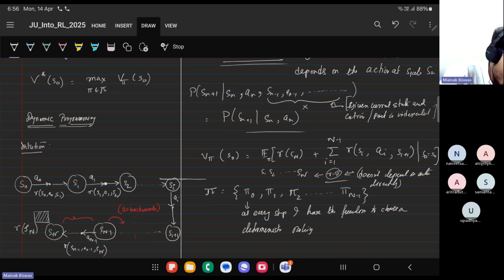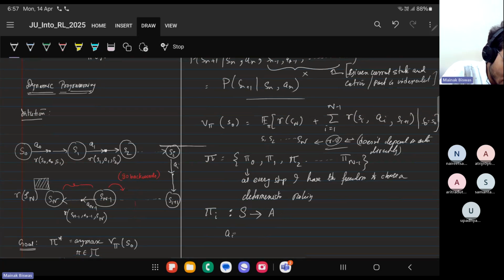And what is this deterministic policy? So pi i is a map. Can you tell me what this policy is going to be? Just a map from state to action. So ai is just going to be pi i of Si. Yes or no?